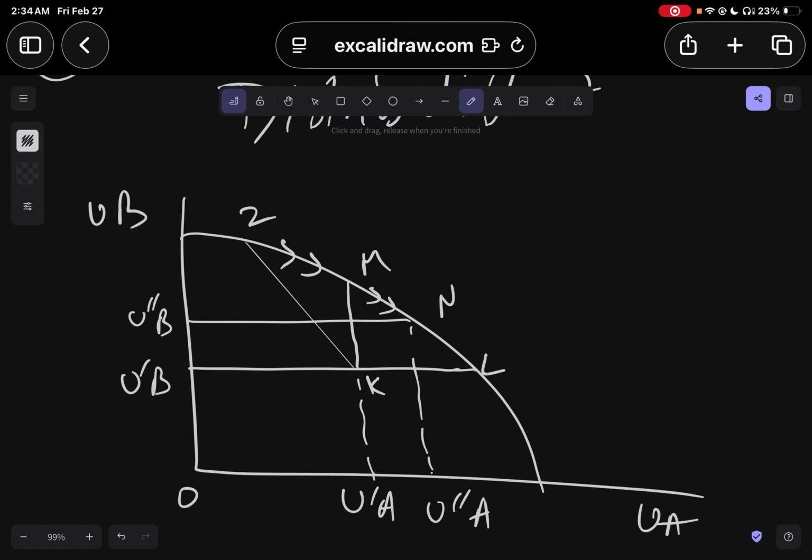So after B reaches Z from K, when we move from here to here, B distributes it to A so that they reach point N. So B travels from K to Z and then Z to N by distributing this extra part to A so that they can reach the point N where both are better off.